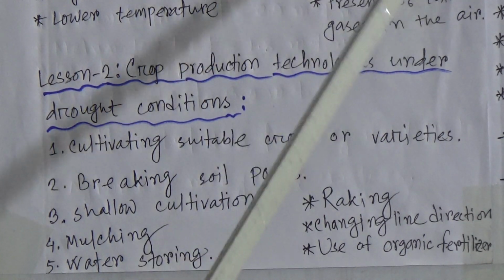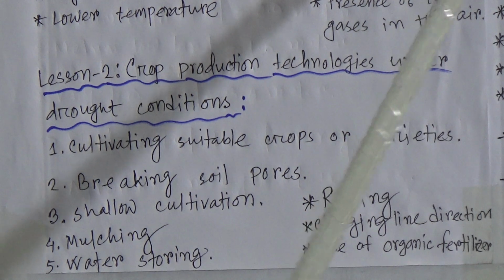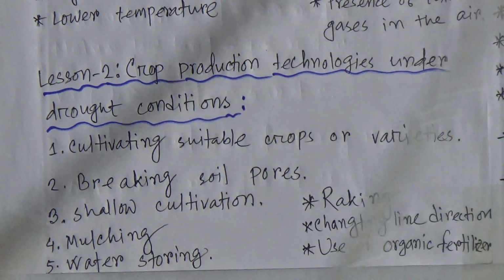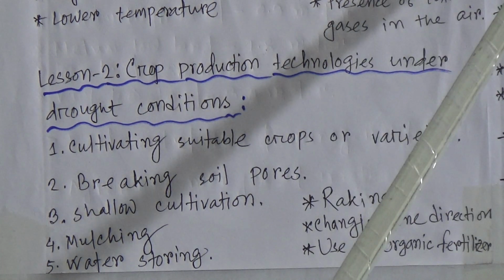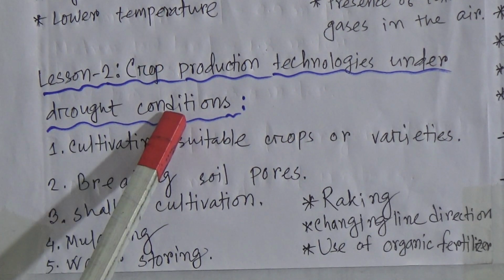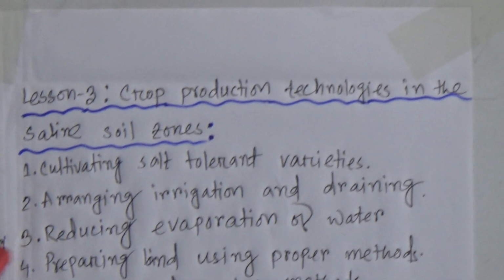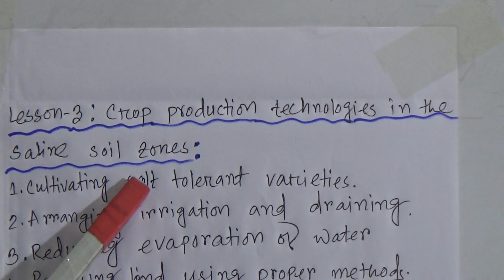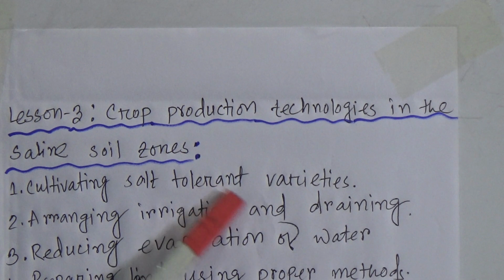Now lesson 3, it's about crop production technologies in the saline soil zones. Okay, this was drought prone and this is saline soil zones. Cultivating salt tolerant varieties.